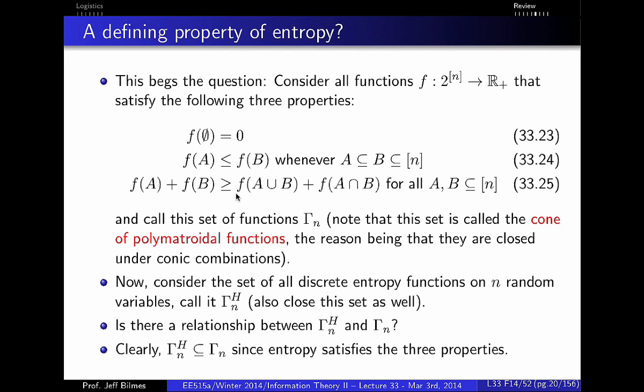Okay, so then you remember that we saw that the conditional mutual information I of x, y, given z is greater than or equal to 0.